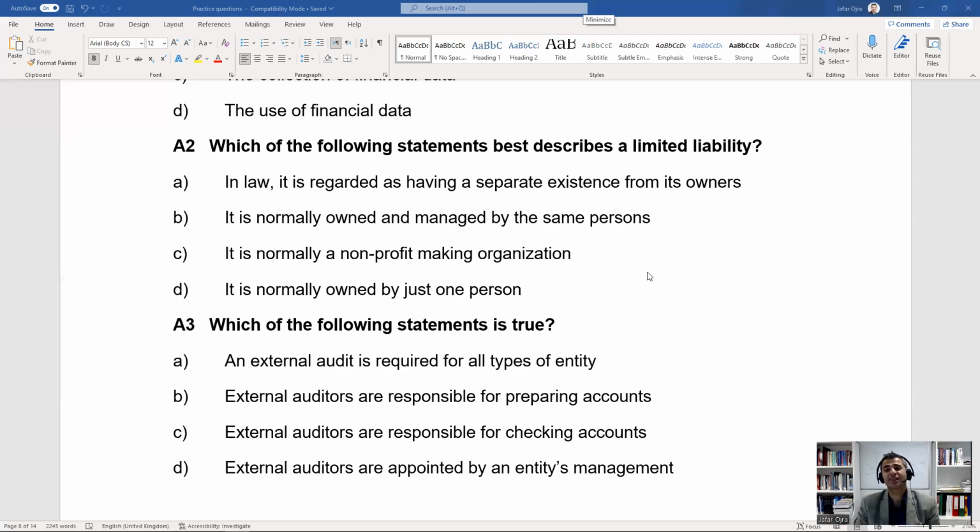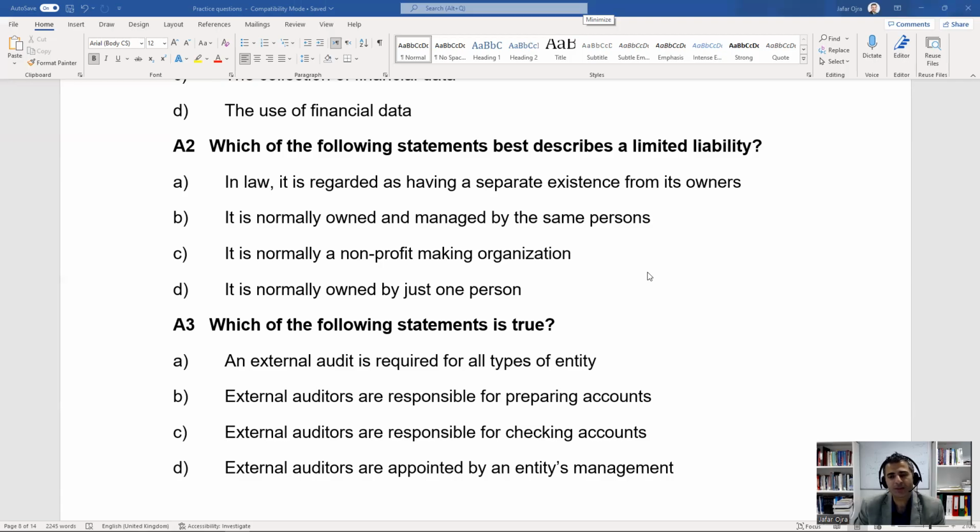Limited liability does have a separate existence from its owners. When you set up a limited company, you need to register at Companies House, and all the accounts should be available for the public to access if they wish.